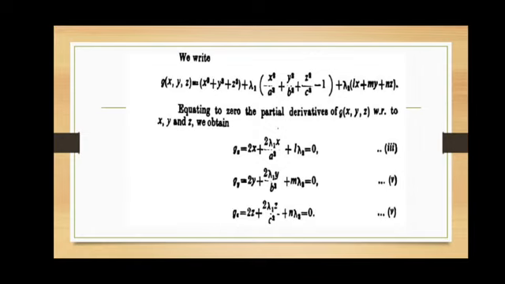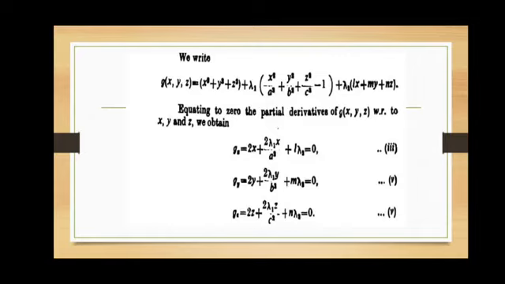Now, equating to 0 the partial derivatives of g of x comma y comma z. Here we take capital F, in this problem, as g.